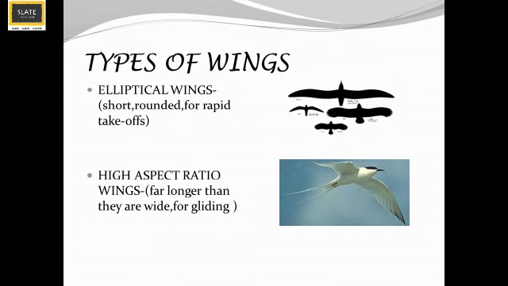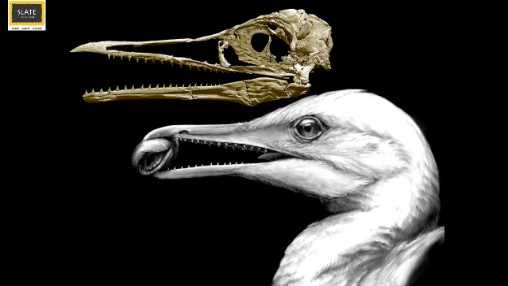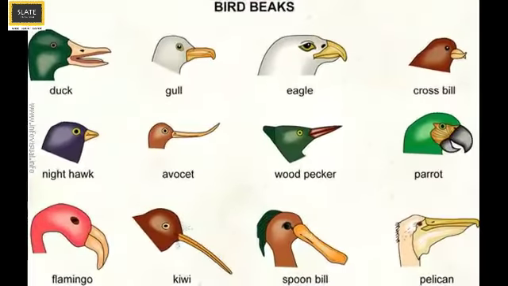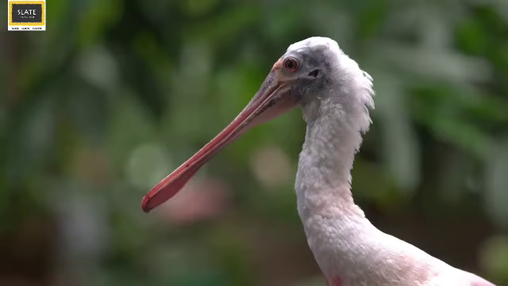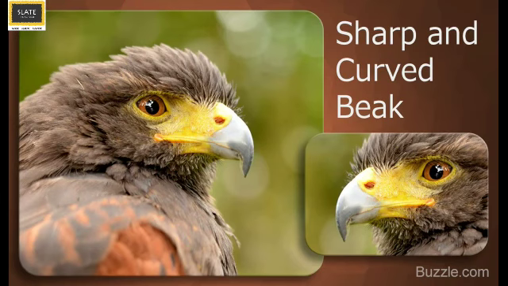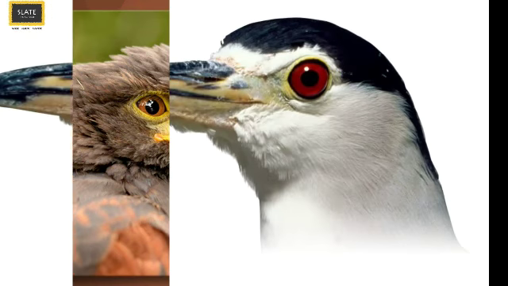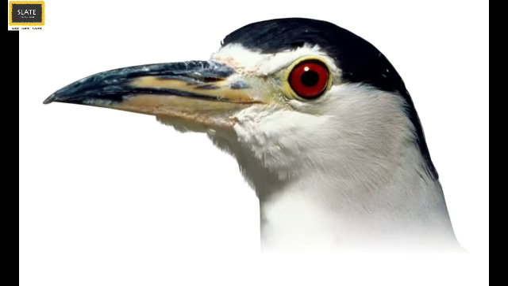Along with wings, birds have beaks too. You all must have observed that different birds have different types of beaks. Some have sharp straight beak, others have sharp curved beak, while others have small and strong beaks.